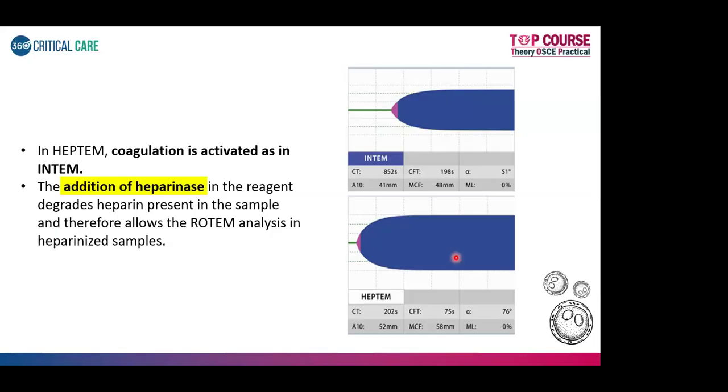If INTEM is prolonged, as you can see in the first graph here, they add an agent called heparinase. Quite simple and straightforward. If you add heparinase, it will lyse the heparin. If the CT turns back to normal, then it is the effect of heparin. So to understand if heparin is causing bleeding, especially in a perioperative or intraoperative setting, you use HEPTEM.